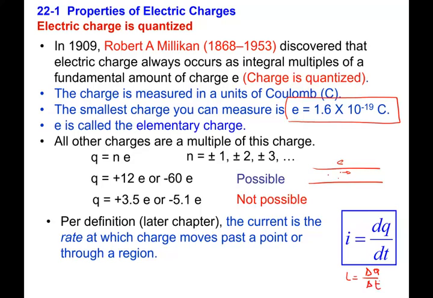It's much easier now to measure the current rather than measuring the charge. So if you have an ammeter, you can measure the current flowing in a device. What they usually do, if you have a charged sphere, you connect it to a circuit, and the current will flow, so you are discharging the sphere.